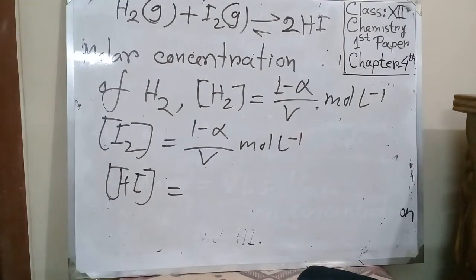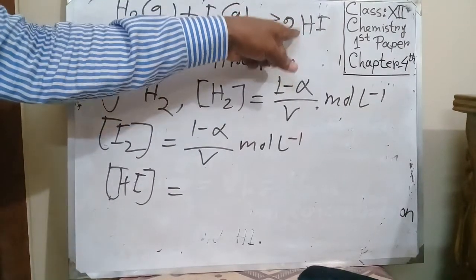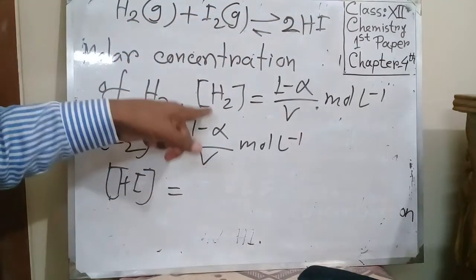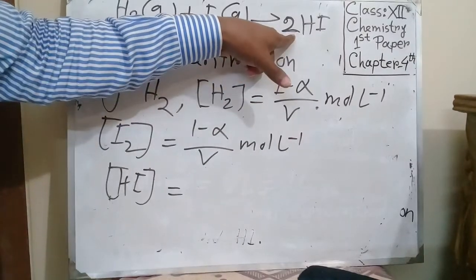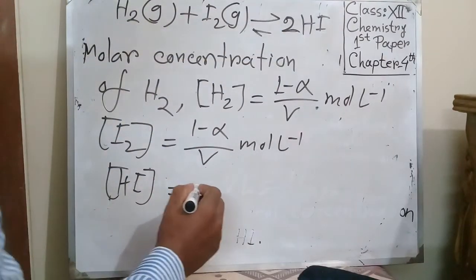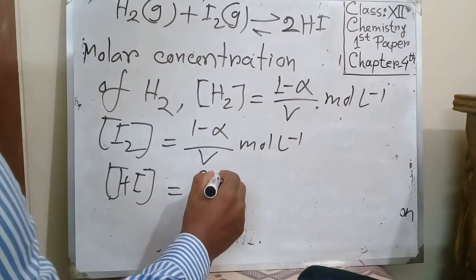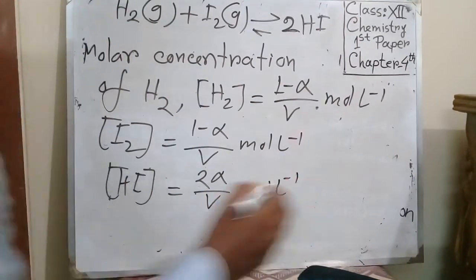In that case, there are 2 moles of hydrogen iodide, so 2 will be the power of the concentration of hydrogen iodide. Look, there is no power on 1 minus alpha, because it is just 1 mole, but here 2. In that case, we write 2 alpha by B, mole per liter.